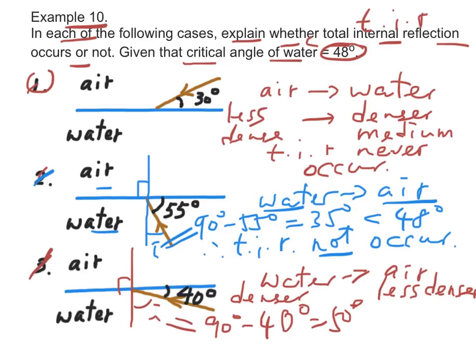Since I is larger than the critical angle of water, therefore, total internal reflection in this case will occur, and the light wave will be totally reflected internally.